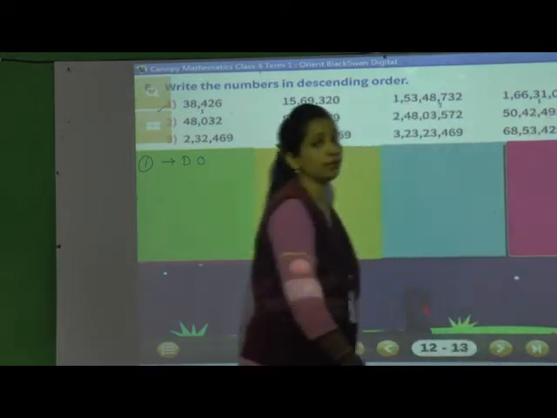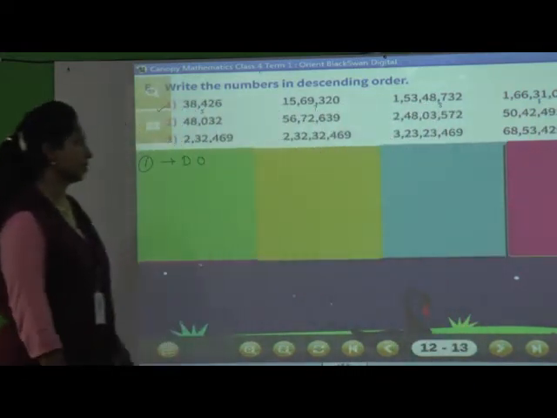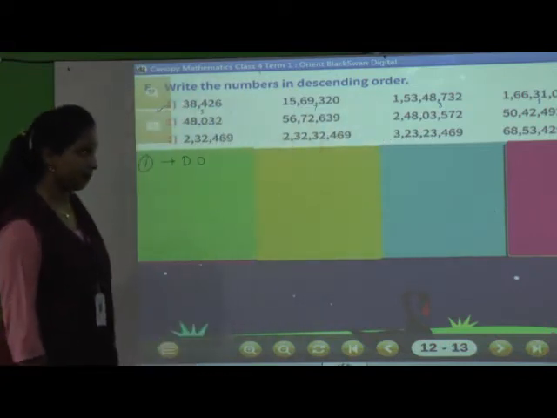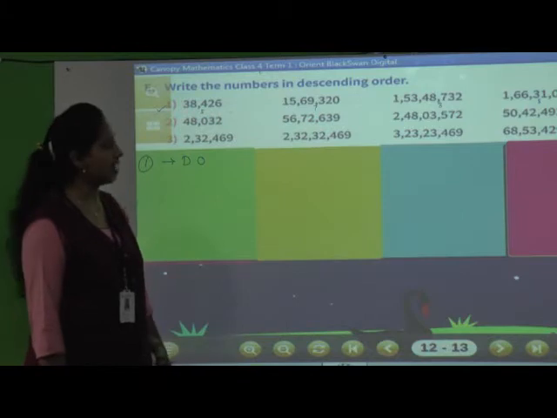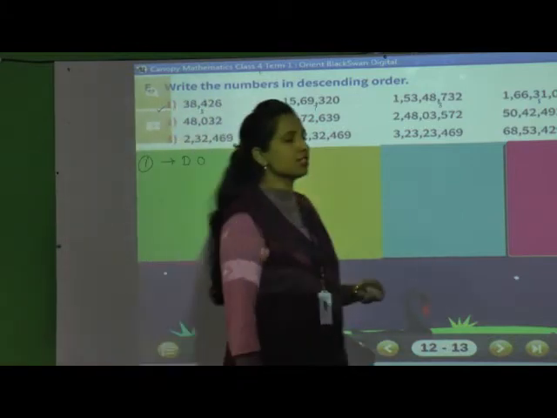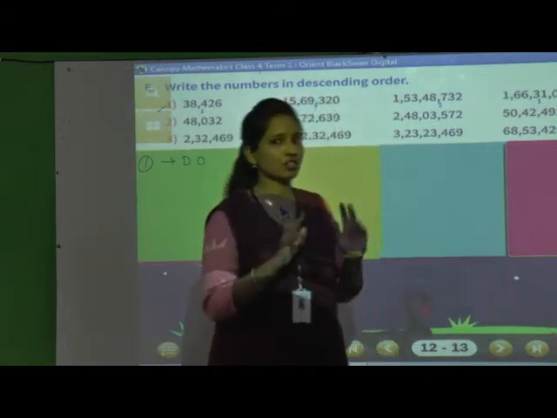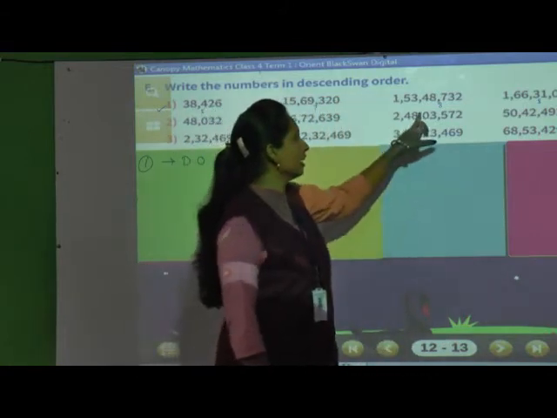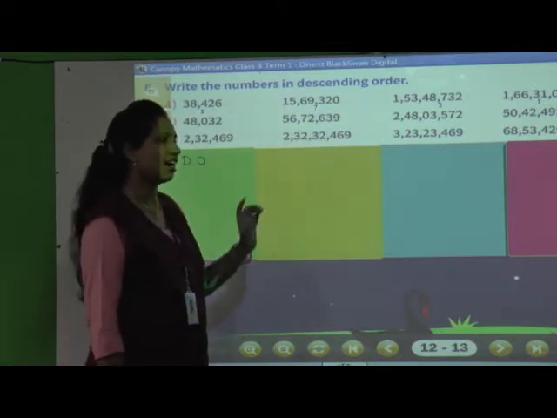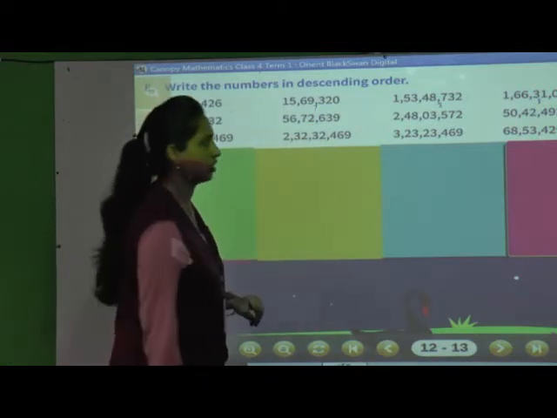See, till the crore place they had given the numbers. So, 5 digit, 7 digit and 8 digit. Here we are arranging the numbers in descending order. In descending order, first what do we have to take? Largest number. Okay. Now tell me, among 5, 7, 8, which is largest? Of course, 8 is the largest.